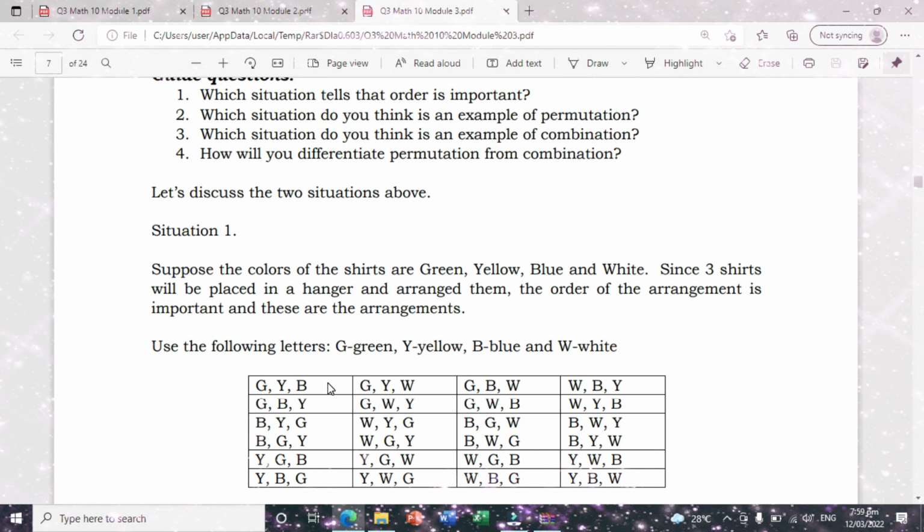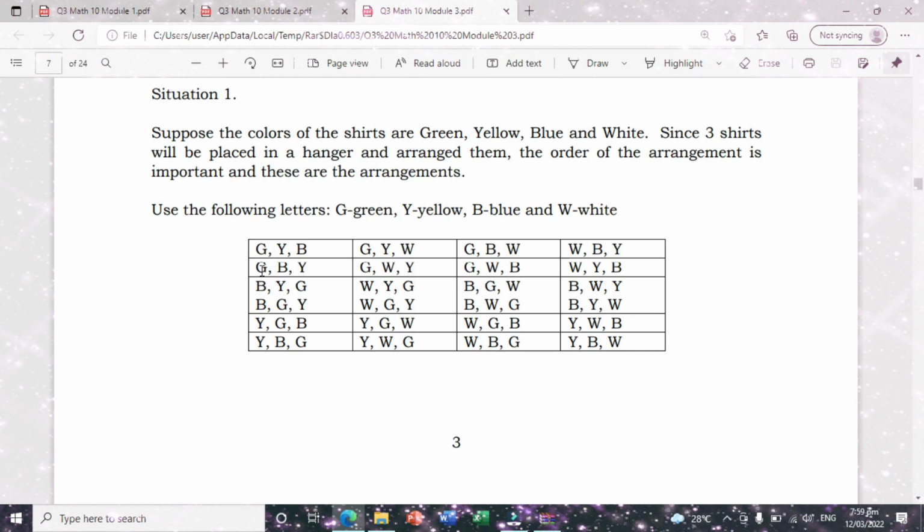So kung makikita mo dito sa ating figure, pag sinabing G, Y, B, meaning yan, green, yellow, at saka blue shirts yung na-arrange mo. Tapos, pag sinabi naman G, B, Y, green, blue, yellow. So, meaning to say, yung unang placement mo dyan is green.